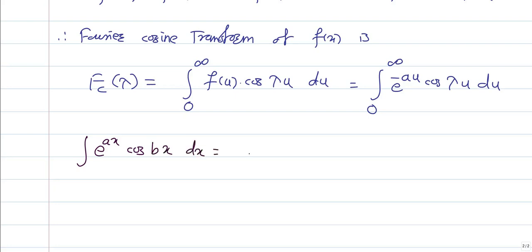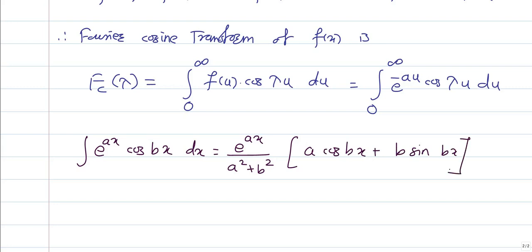This integration is equal to e raised to ax upon a square plus b square into bracket a cos of bx plus b sine of bx.